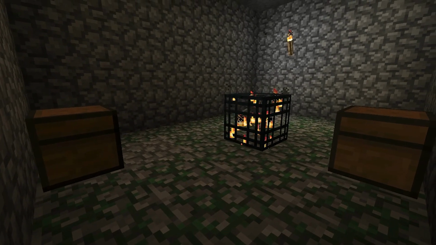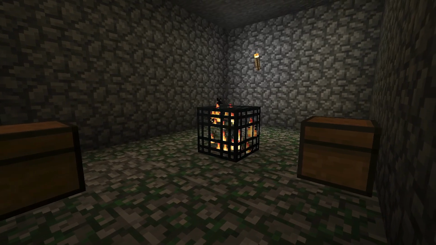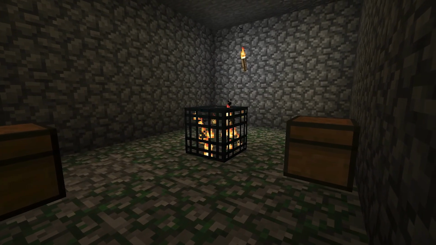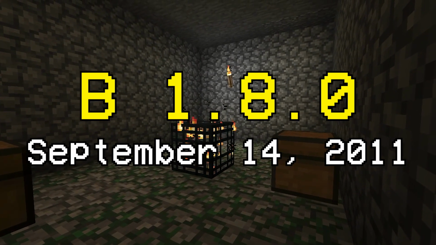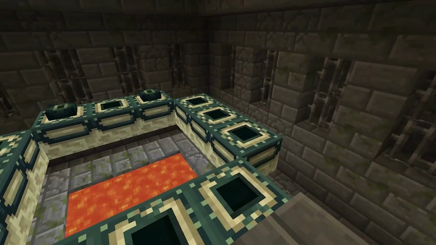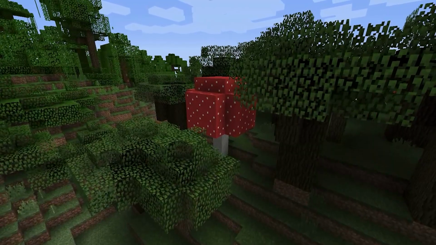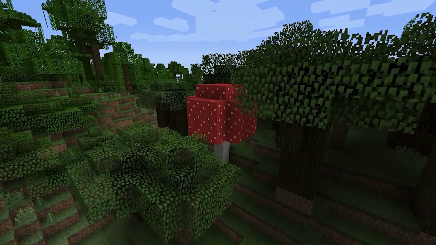Because of this, finding a dungeon doesn't really mean anything, since it could be from almost any version. Other structures, however, can give a bit more insight. A big update in Beta 1.8, September 14th, 2011, added mineshafts, ravines, strongholds, villages, and giant mushrooms. Finding any of these ensures the chunk can't be any older than Beta 1.8.